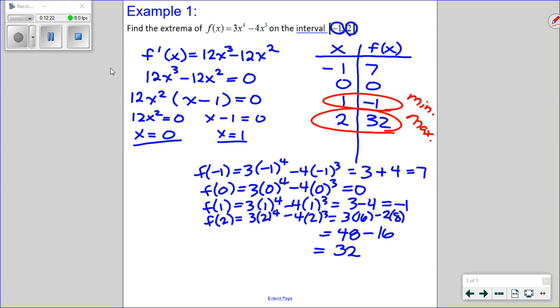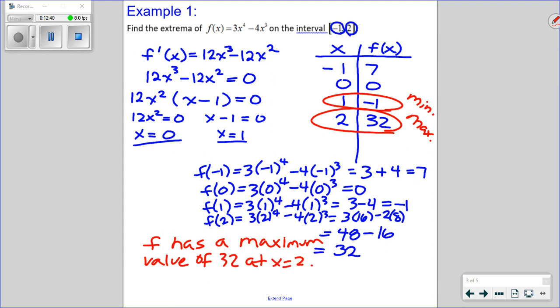So we're going to say that f has a maximum value of 32 at x equals 2, and a minimum value of -1 at x equals 1.